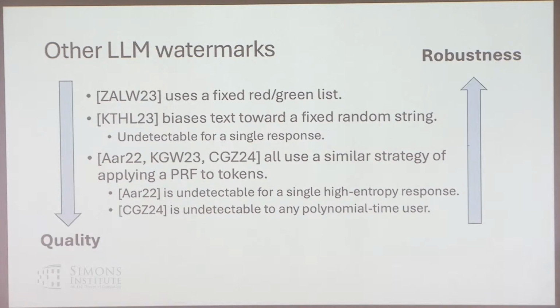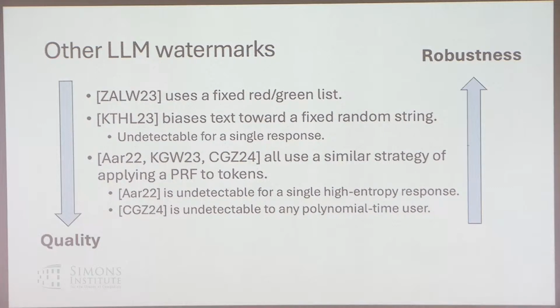Okay, and so there have been many works on watermarking that achieve different trade-offs between quality and robustness. As I mentioned earlier, with the hashing k-grams approach, you'll be trading off the length of the k-gram, where longer length gives better quality but lower robustness.